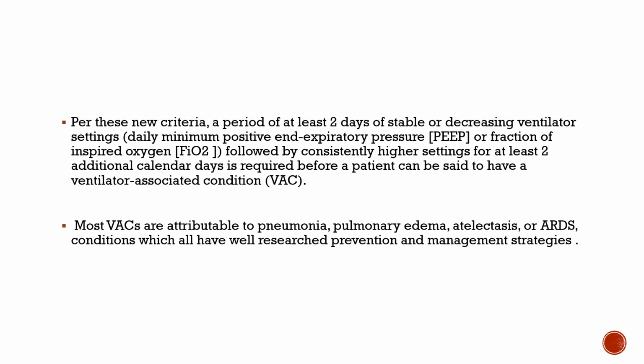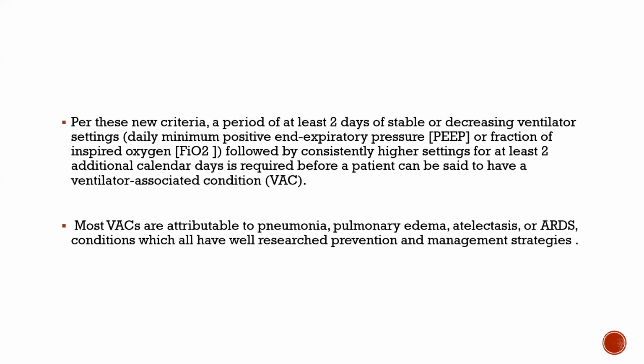So, per these new criteria, a period of at least 2 days of stable or decreasing ventilator settings, that is minimum PEEP or FiO2, followed by consistently higher settings for at least 2 additional calendar days is required before a patient can be said to have a ventilator associated condition.